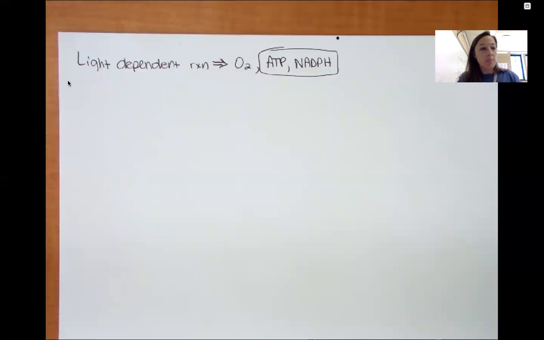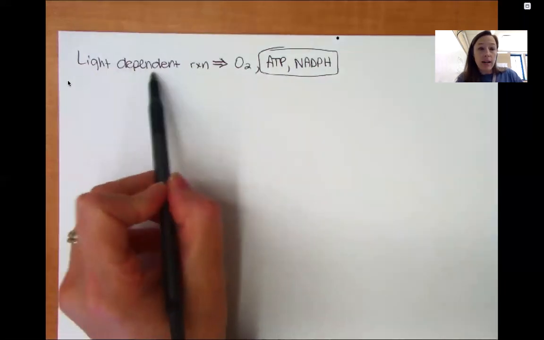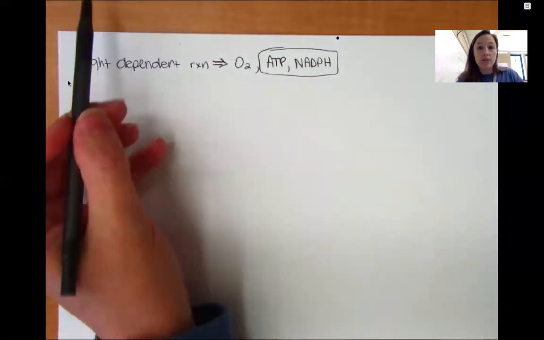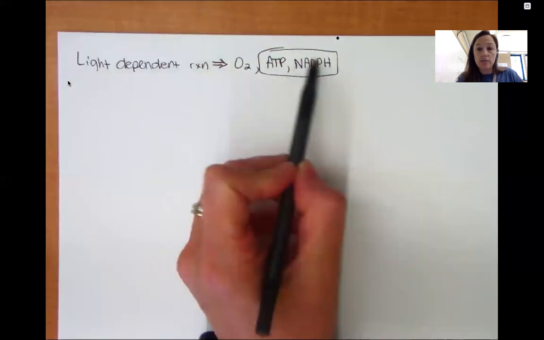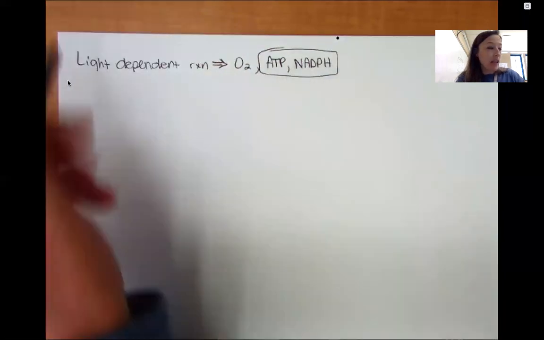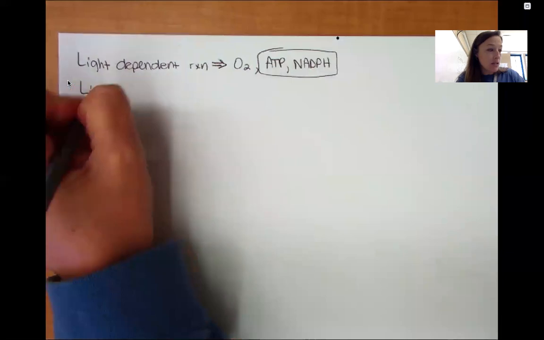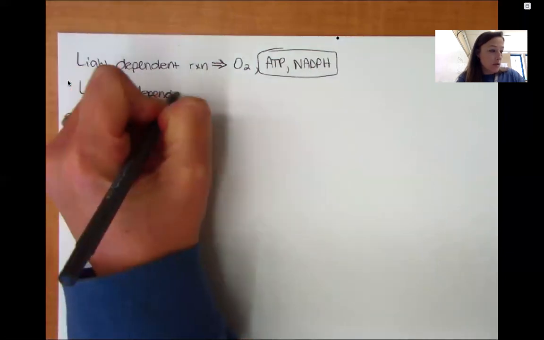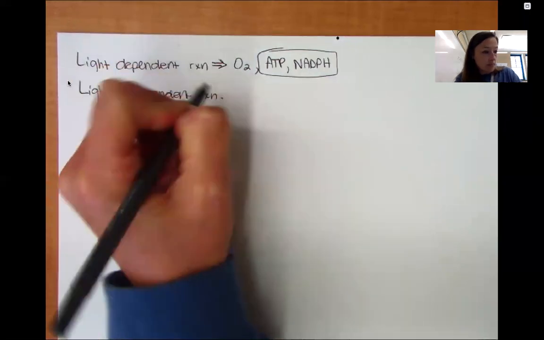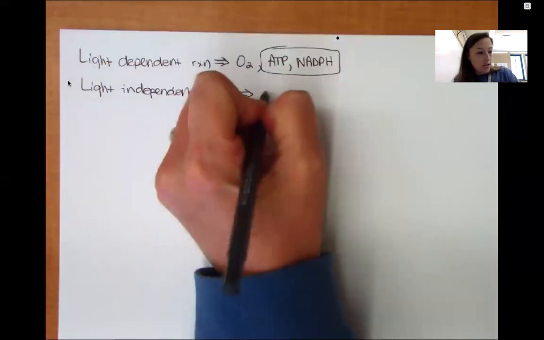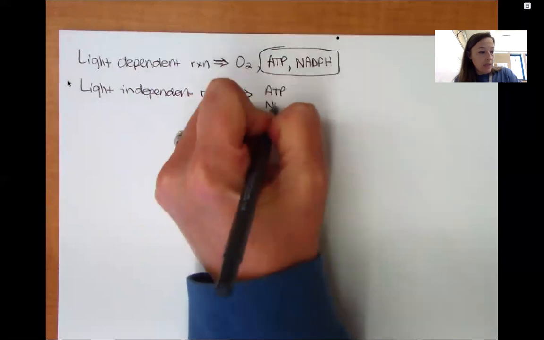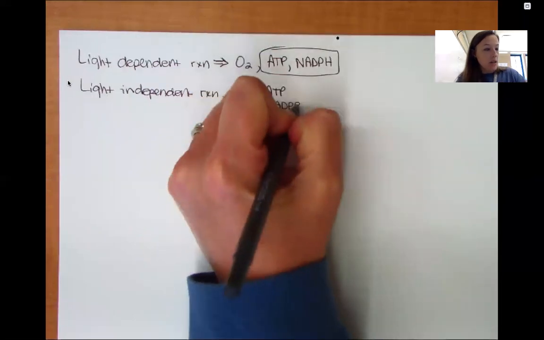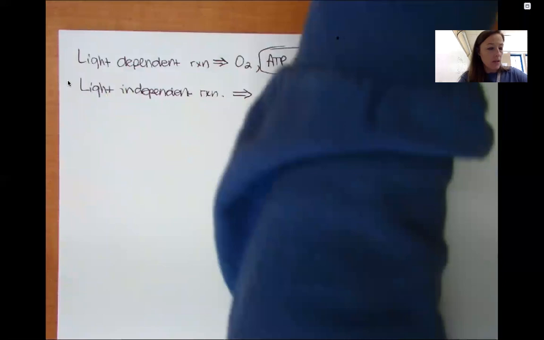And so the purpose of the light-dependent reactions was to collect the sun's energy and put it into these two guys. The purpose of the light-independent reaction is to take the energy of ATP and NADPH, which if you'll remember, came from the sunshine.